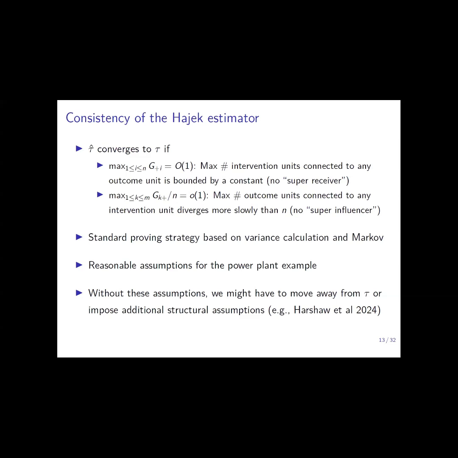You look at the maximum over all the outcome units. This cannot grow too fast. Otherwise, I'm affected by too many intervention units, then there's no CLT at all. This is constant order.